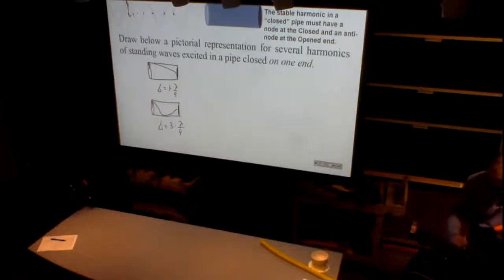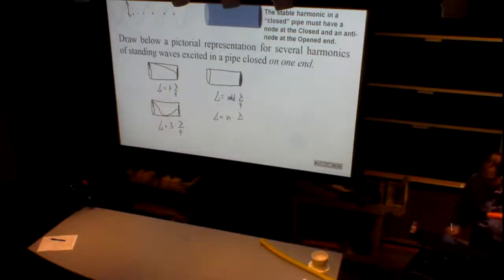So in general, for any such pipe, when one end is closed and one end open, inside this pipe we can generate a standing wave with only an odd number of quarters of a wavelength. Well, this is how we usually write it.